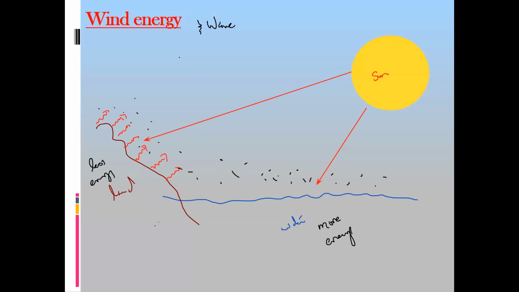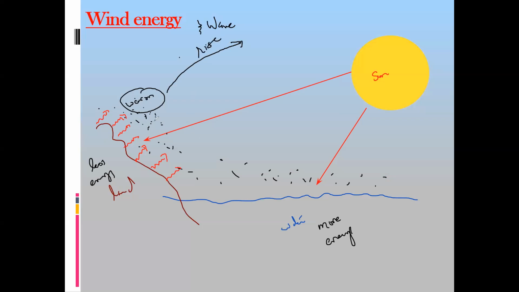As the land becomes hot quickly, it will start to release the energy to the surroundings. When the land releases that energy, the air particles above the land become warm, and when these air particles become warm, they rise, they move up.